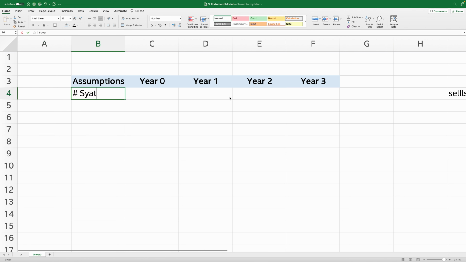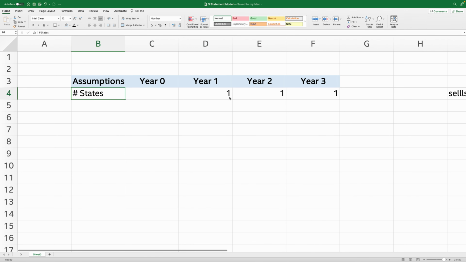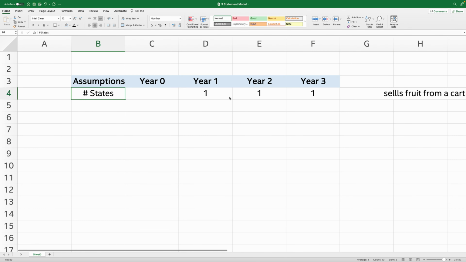So I'll start out by saying, what number of states are they operating in? Could be a lucrative business. But let's assume they only operate in 1 state. So they operate in 1 state.